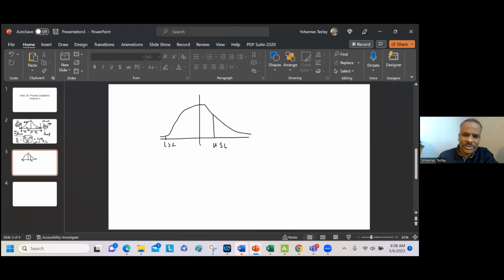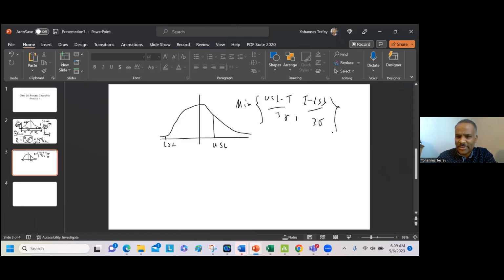So CPK is the minimum of upper specification limit minus mean or target, divided by 3 sigma, or target minus lower specification limit divided by 3 sigma.